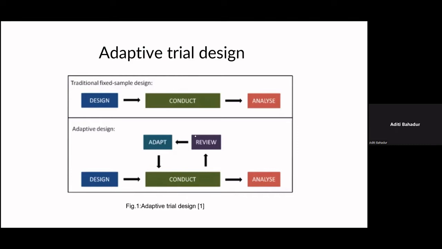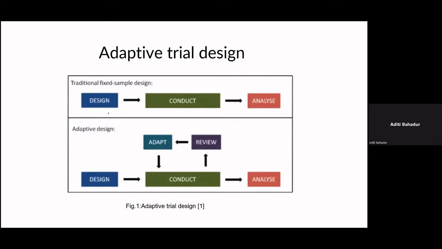Now, there are situations where that trial is not appropriate, which is where we talk about the adaptive trial design. As you can see in this diagram, you design the drug, you design the clinical trial, then you conduct it. During your conducting phase, you review the data and then you adapt it according to the data acquired, and then you analyze the data.